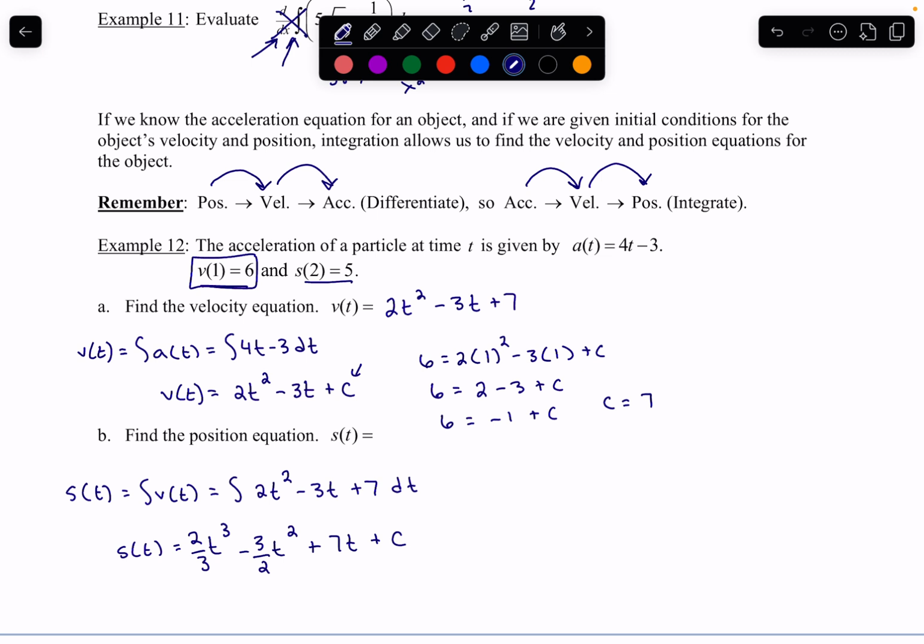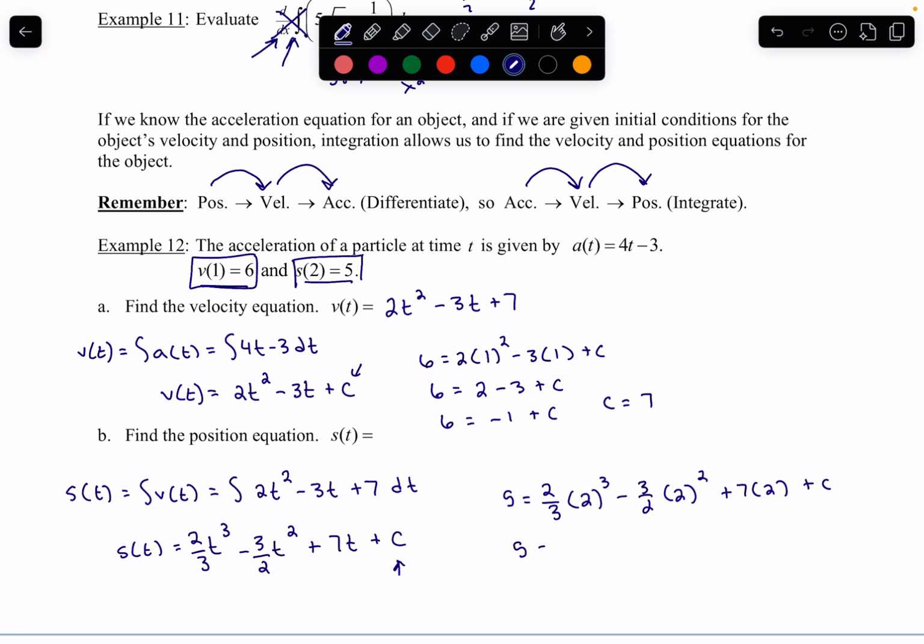Now up above, it gave me initial conditions. So I can plug in those values to figure out this c. So when t is 2, my position is 5. So 5 equals 2/3 times 2 cubed minus 3/2 times 2 squared plus 7 times 2 plus c.